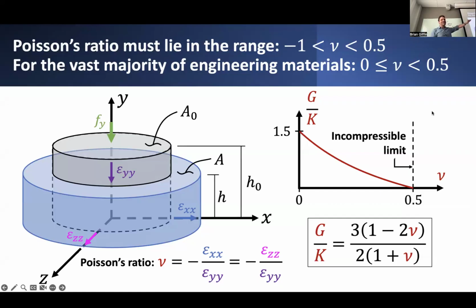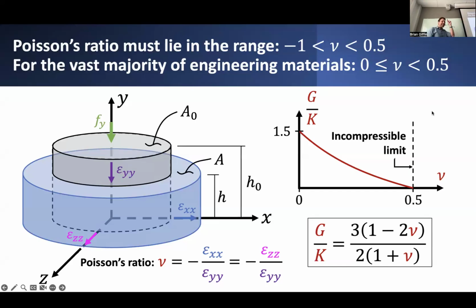Now, you can't make G any smaller than that, because it still has to be a positive value. So that's as small as we can make that particular ratio. It can only be 0 at a minimum, which means that at a maximum, the Poisson's ratio can't be bigger than 1/2. And in practice, it never actually achieves that limit.